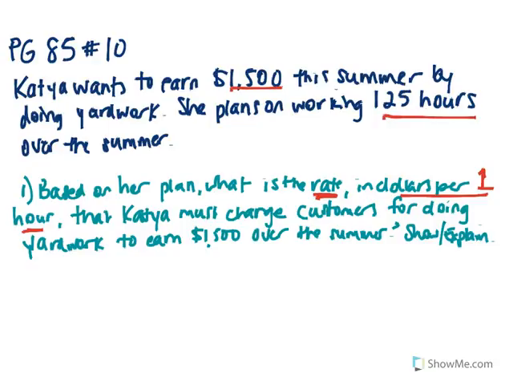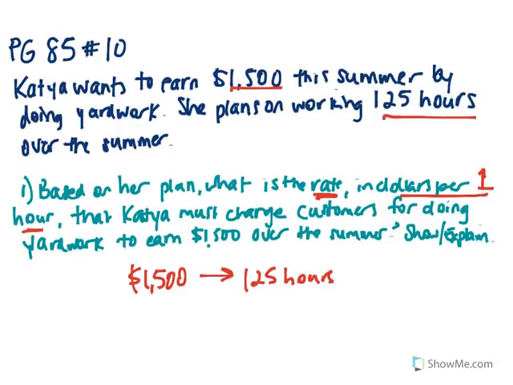Okay, so we're looking to write an equation that shows that Katya needs to earn $1,500 over the course of the whole summer, but she can only work 125 hours.